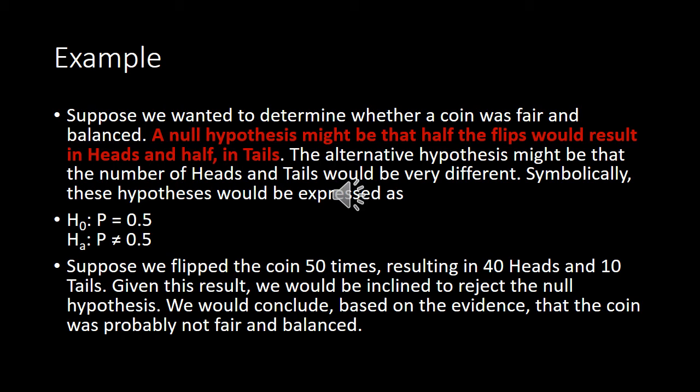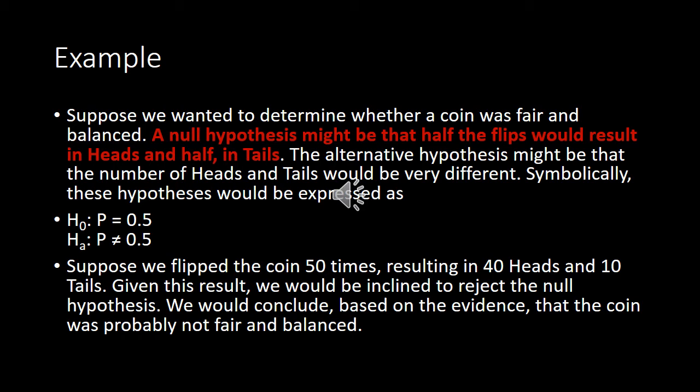Half the flips will be heads and half the flips will be tails, according to the theory of probability. Probability of success is 1/2 and probability of failure is 1/2. The alternative hypothesis might be that the number of heads and tails would be very different. Symbolically, these hypotheses would be expressed as H naught: P is equal to 0.5 and alternative hypothesis HA: P is not equal to 0.5. So you see the alternative hypothesis is different from or opposite to the null hypothesis.